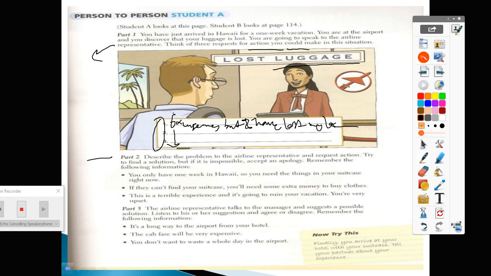If it's impossible, you say, we are sorry, madam, we are sorry, sir, we cannot catch the airplane, she has just taken off, and maybe next month you will get your luggage back, maybe. So these are the available options that you have. Either you accept, or you say sorry.